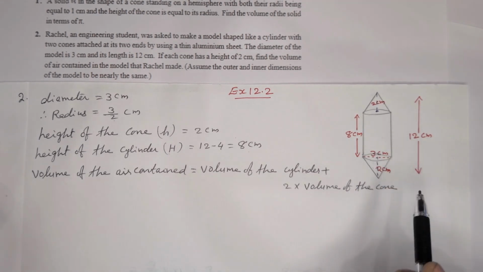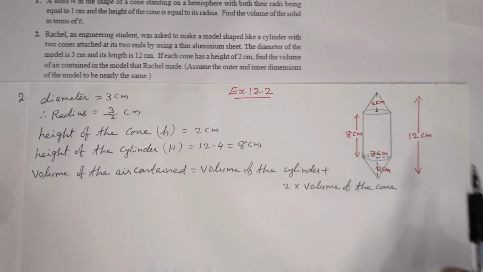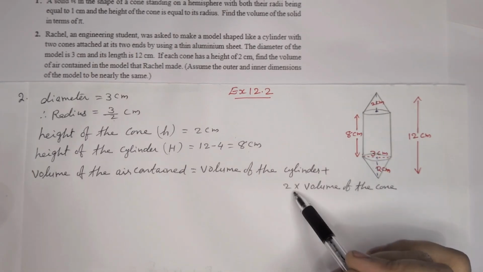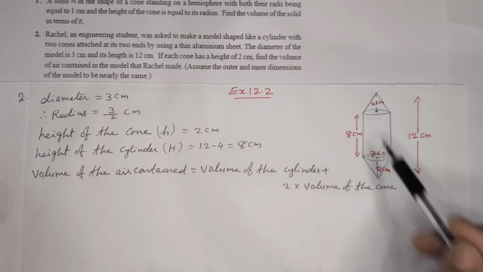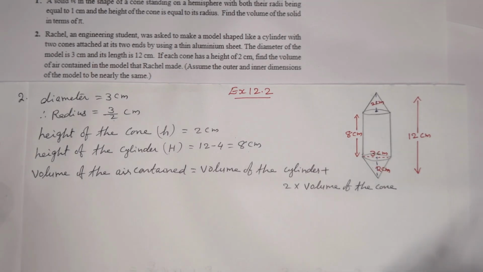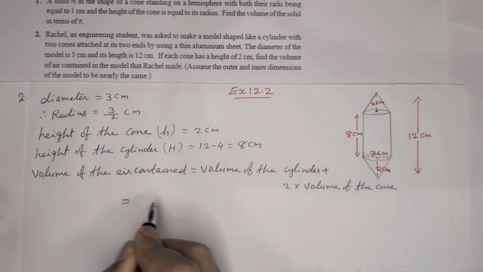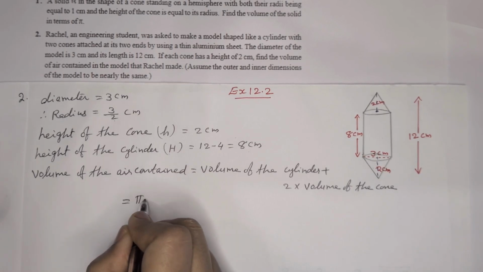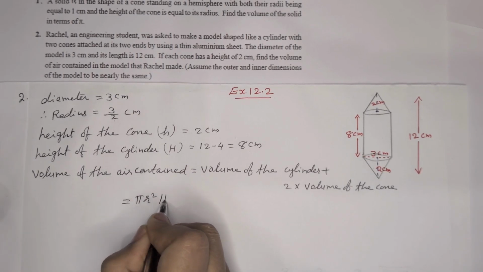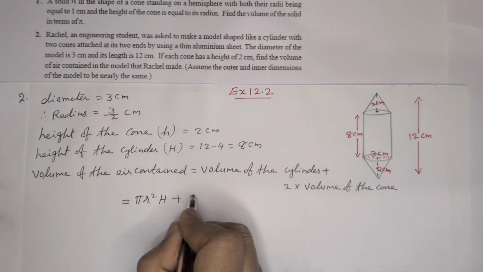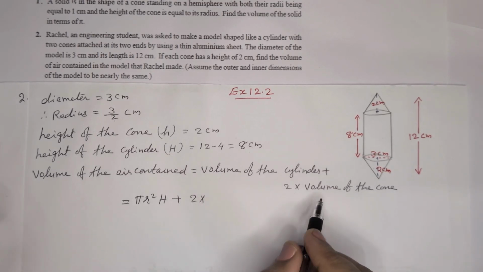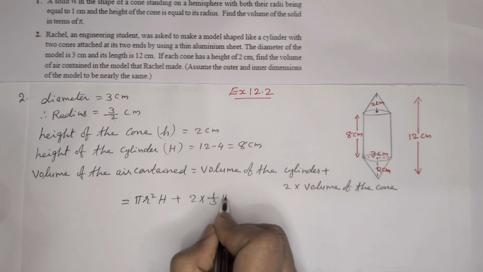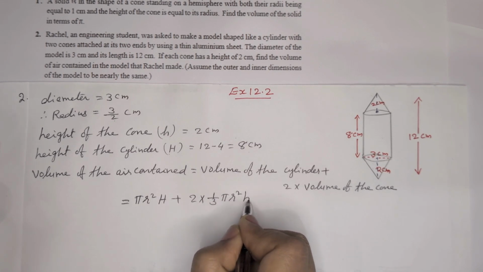Then volume of the air contained in that model is equal to volume of the cylinder plus 2 into volume of the cone, since 2 cones are there. Volume of the cylinder is pi r square capital H, plus 2 into volume of the cone, that is 1 by 3 pi r square small h.